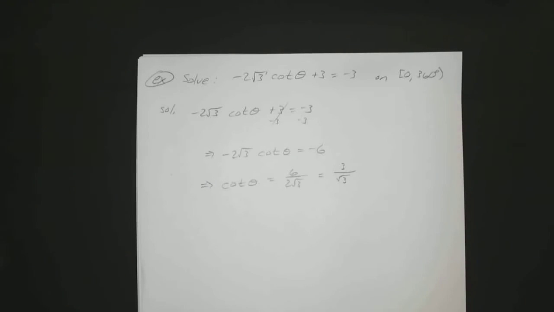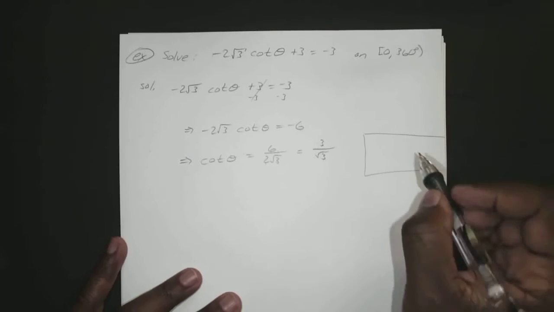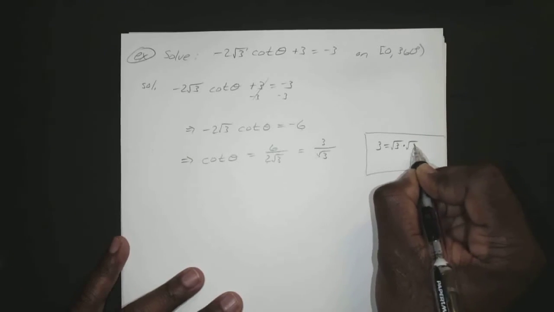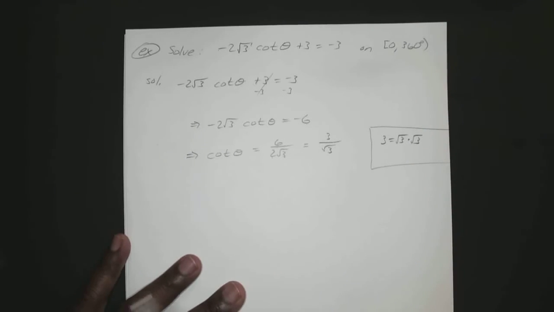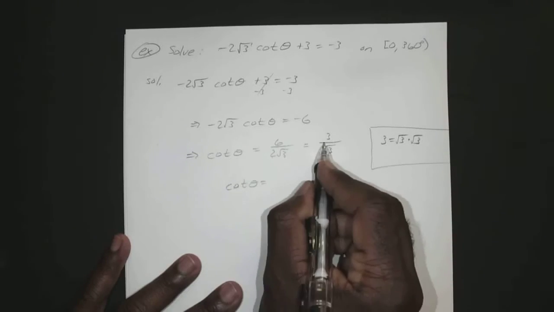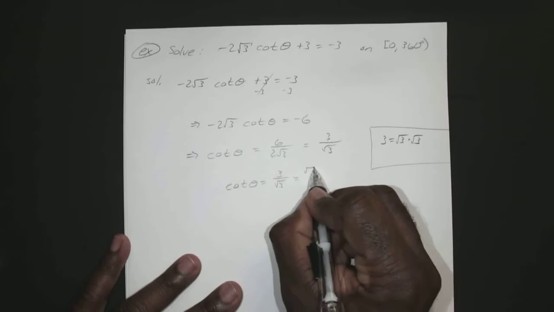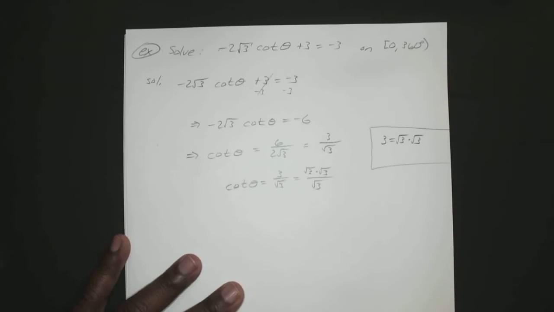And this one can be simplified a little bit more, because 3 is equal to square root of 3 times square root of 3. So that means our cotangent of theta, that's 3 over square root of 3, is actually square root of 3 times square root of 3 over square root of 3.